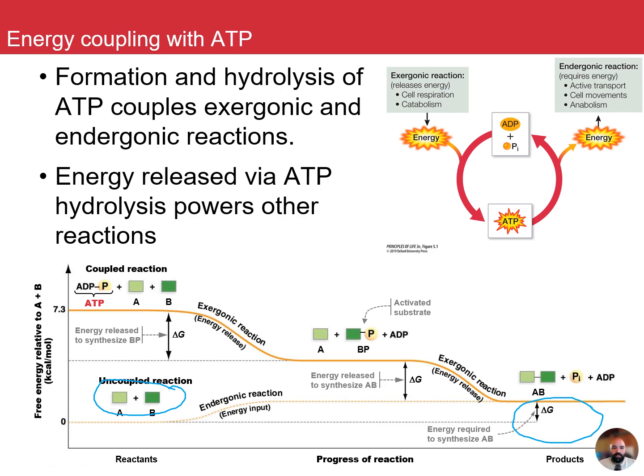Normally, that's going to be endergonic because A and B separated have lower potential energy than A and B together. So if we want to decrease that entropy, then we're going to need an input of energy.